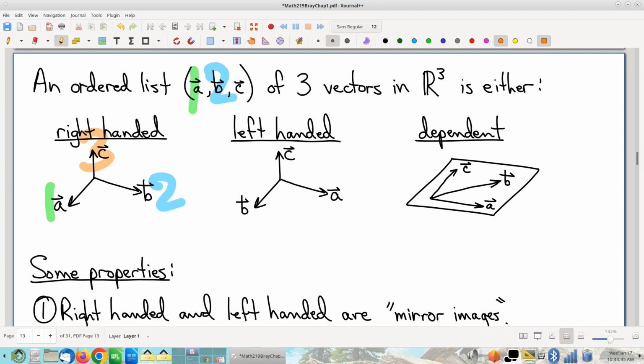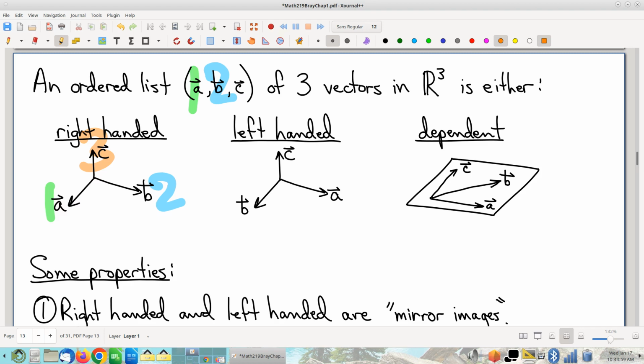Now I have to take my second finger, my middle finger, and try to point my middle finger in the direction of the second vector, in this case, B. Now, you see, with my index finger like this, I can't make my middle finger point in the direction of B. My hand doesn't work that way. But keep in mind, I can rotate my hand.